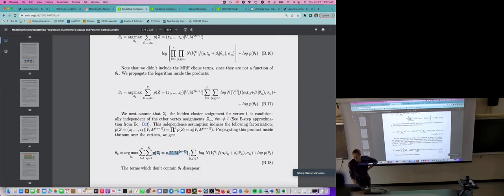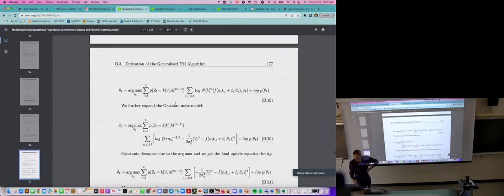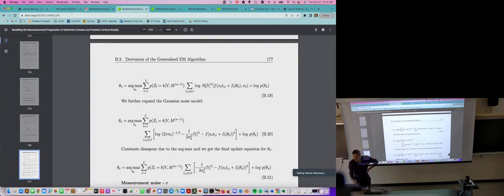So here we broke it into multiple terms, assuming independence between the z_l's, and we took the log. Since we took a log, the product became summations, and we reach this form.